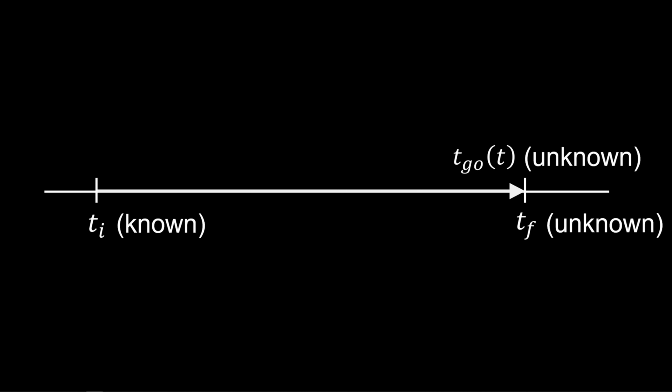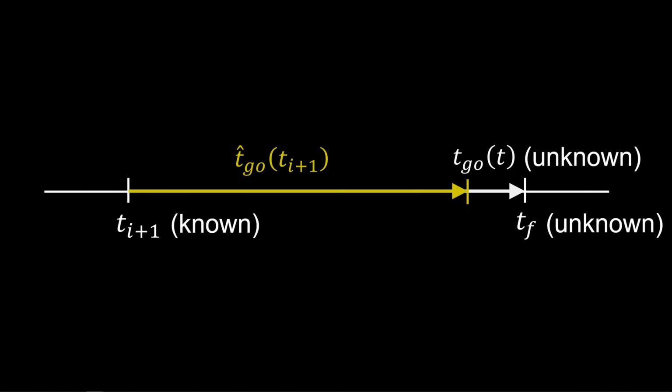We estimate time to go point-wise in time. So suppose we're at the ith point in time, ti, and the final time is unknown, so the actual time to go is unknown. Our present goal then is to obtain an accurate time to go estimate at ti. Now, suppose time has advanced to ti plus 1.